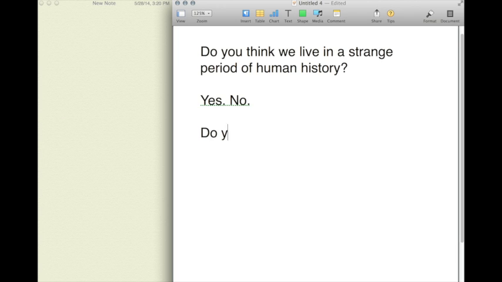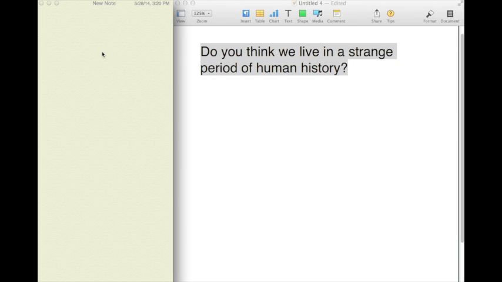If somebody says, do you like ice cream? Well, we could just say yes or no, or I like it, or I don't like it. But if it's a question that's a little bit more complicated, giving a yes-no answer is not so good.